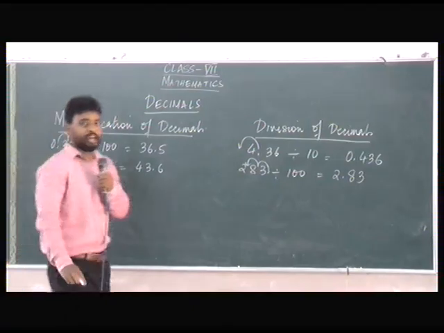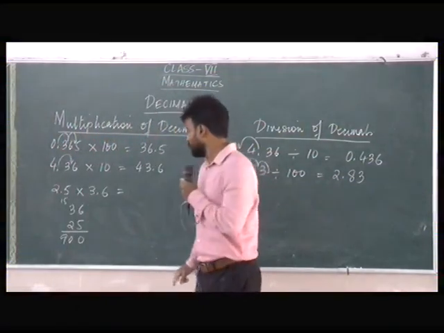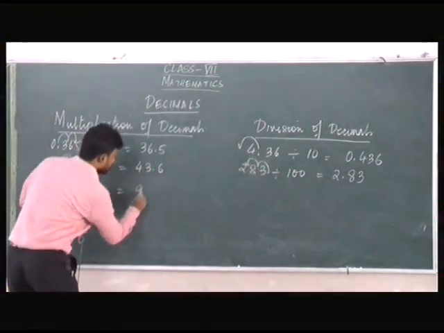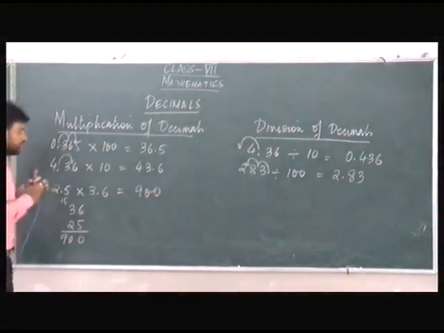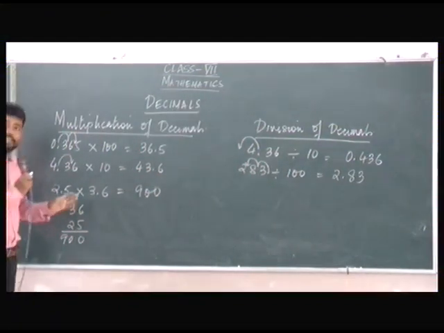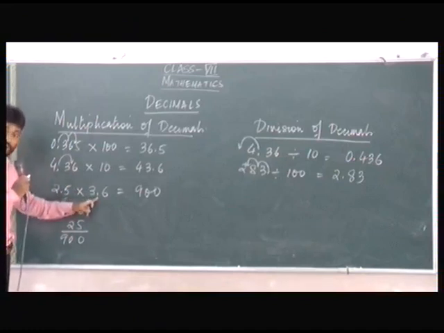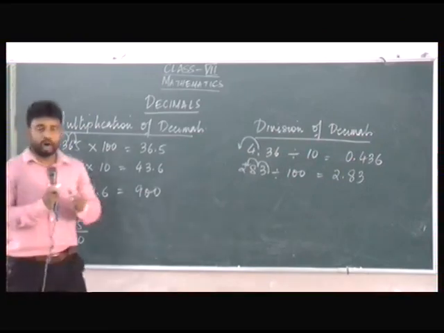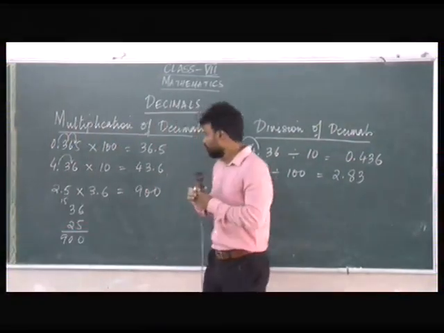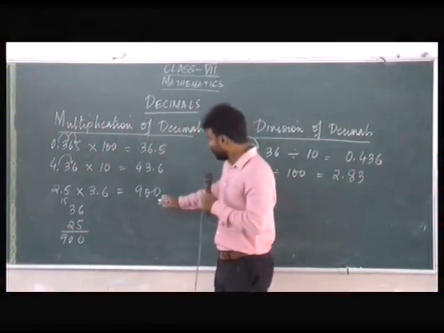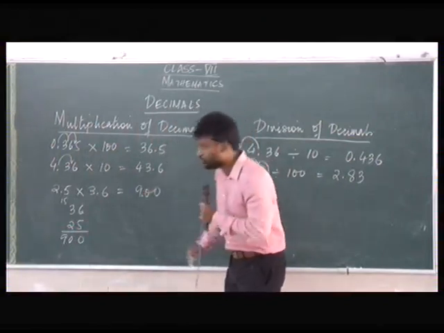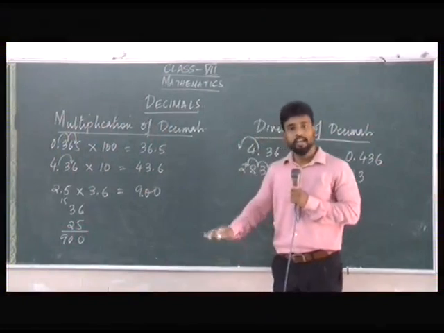If we multiply 25 with 36, we get 900. So we'll write 900 here. Then we'll count the number of decimal places. Here we have 1 decimal place, and here also we have 1 decimal place. So total 1 plus 1 becomes 2. So ultimately in the answer you will put 2 decimal places. Here it will become 9.00, or your answer will become simply 9.